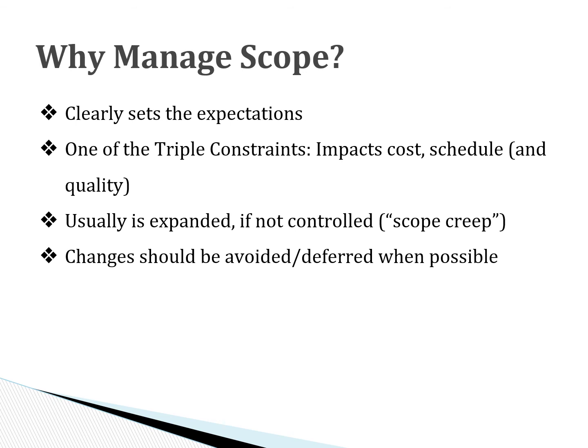Generally speaking, we need to avoid or defer changes to scope because it's proven that it is much more effective to finish a project and then add the changes later rather than try to make the changes along the way, unless those changes are critical for achieving the business objective of the project.